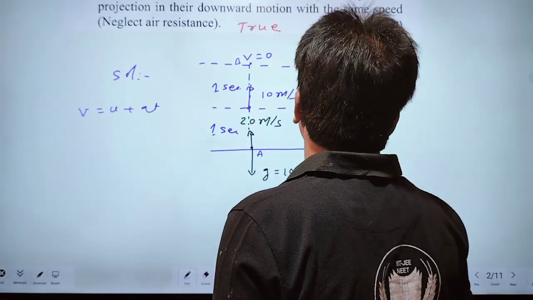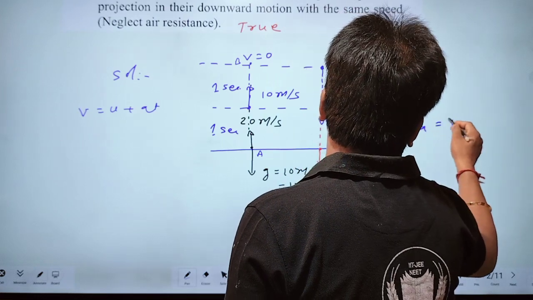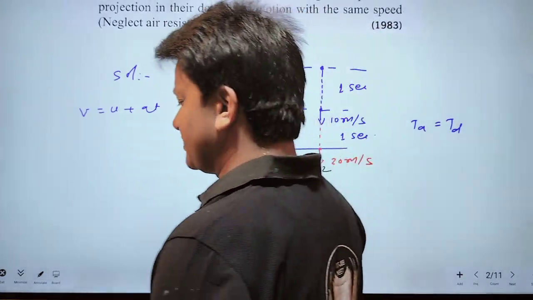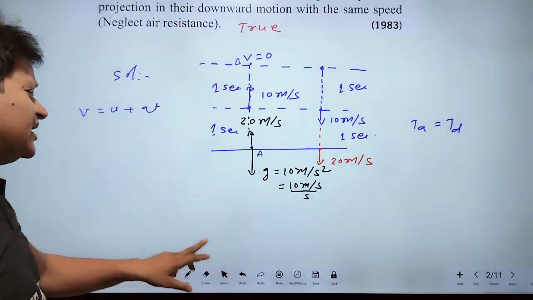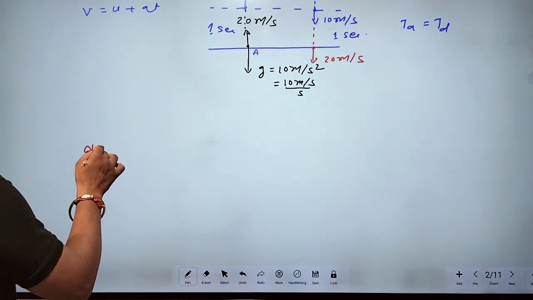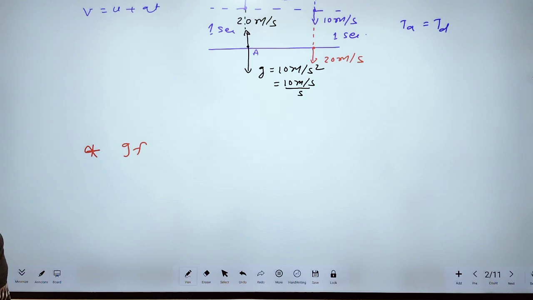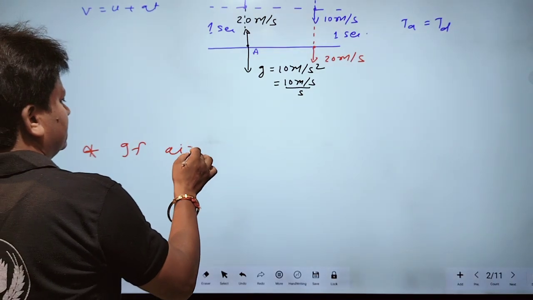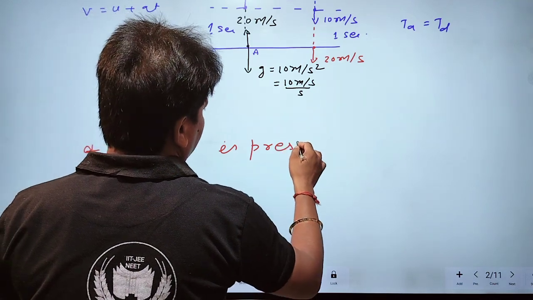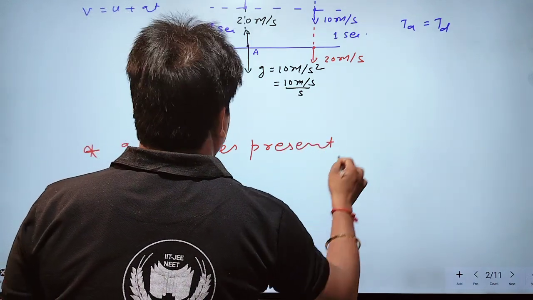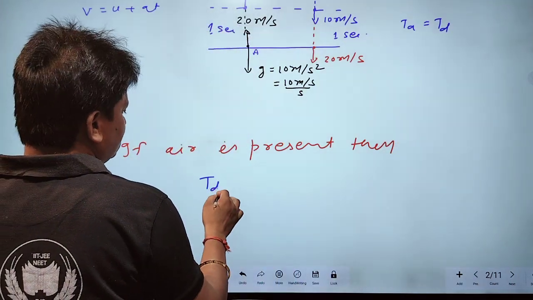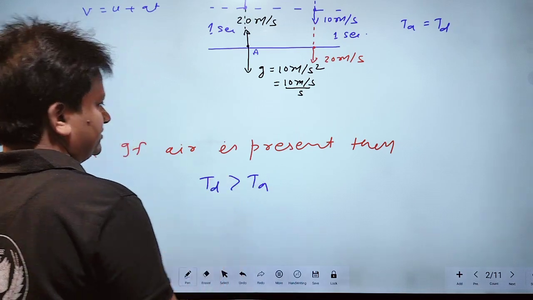Therefore, time of descent is equal to time of ascent. But if air is present, then time of descent should be greater than time of ascent. Okay.